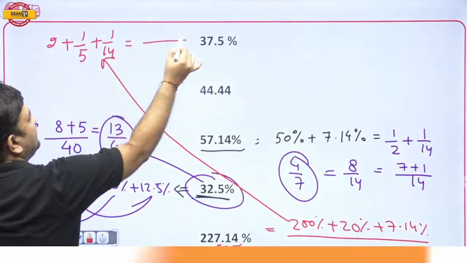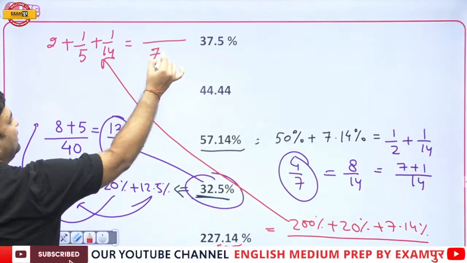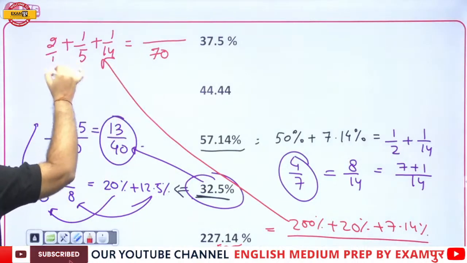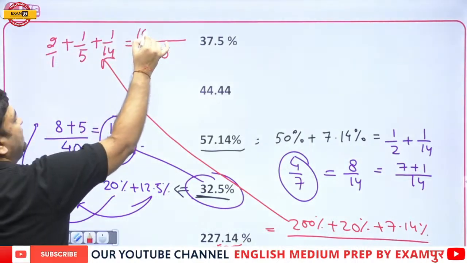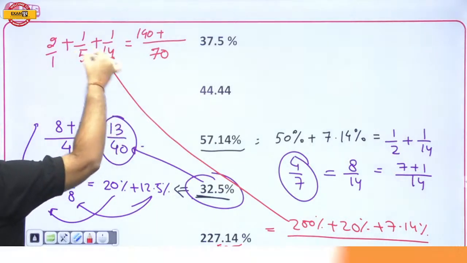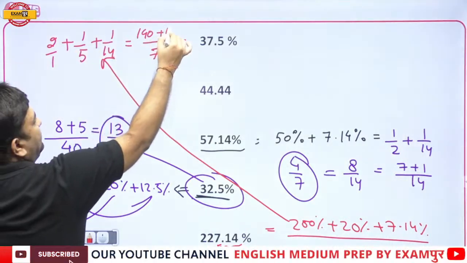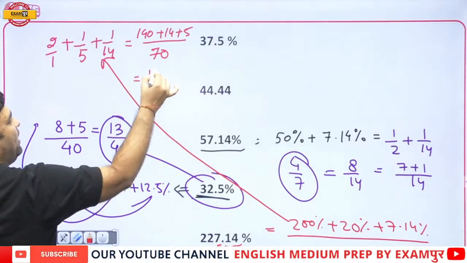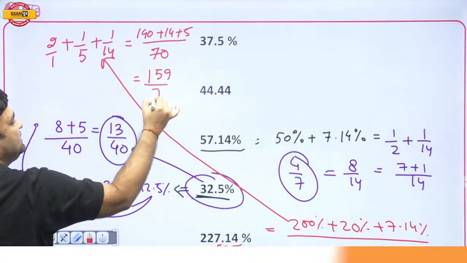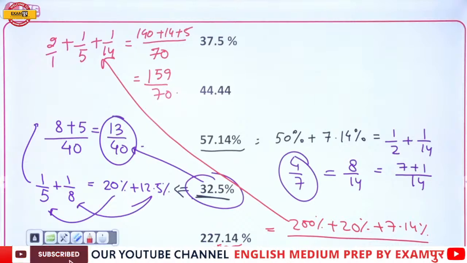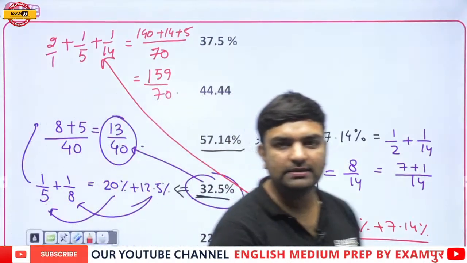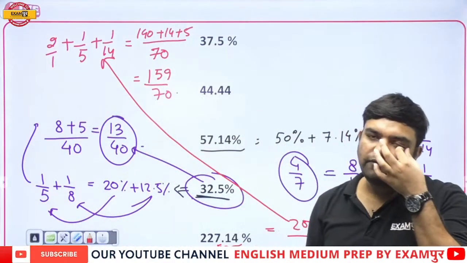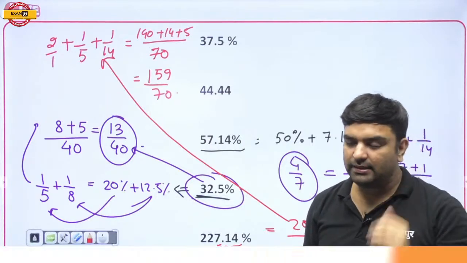Take the LCM, 70. 2 7s are 14, 14 5s are 70. 159 by 70 is the answer.